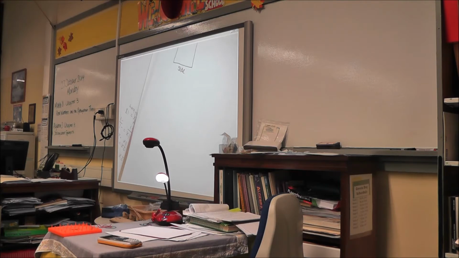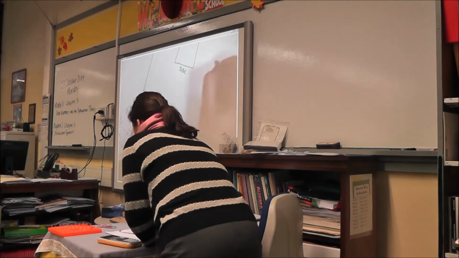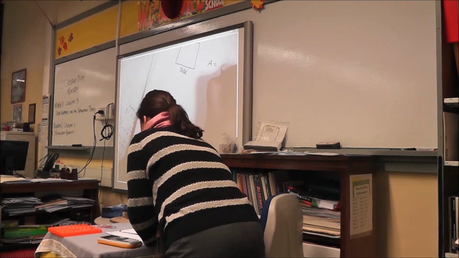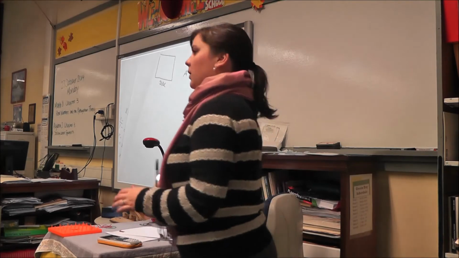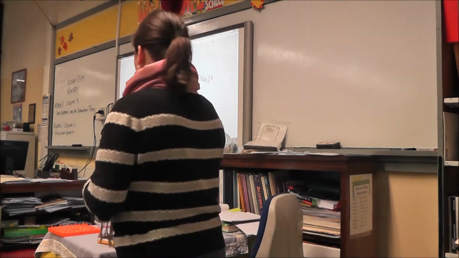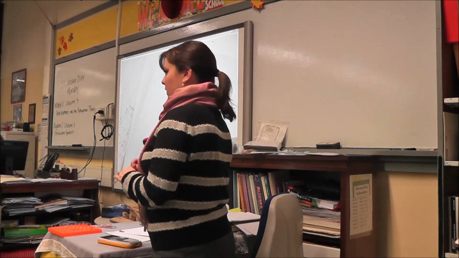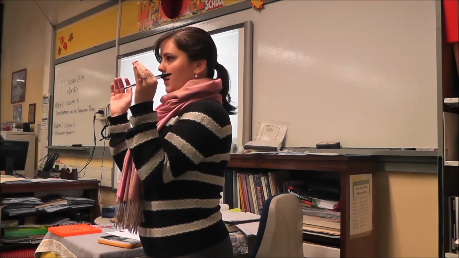Something squared, to the second power. So let's say the area can be represented as side squared. Do you agree? Yes. The area of a square can be one side length squared.